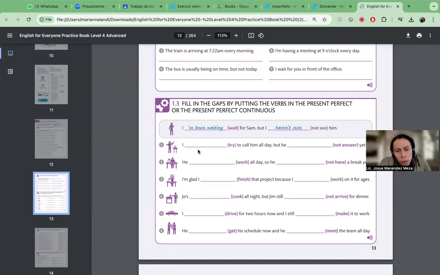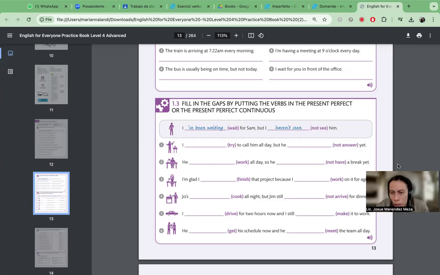Okay. Number two, what could be the answer, guys? The first one was already done. Okay, number one, we have to solve it. That is, I tried the verb to call him all day, but he not answered yet.